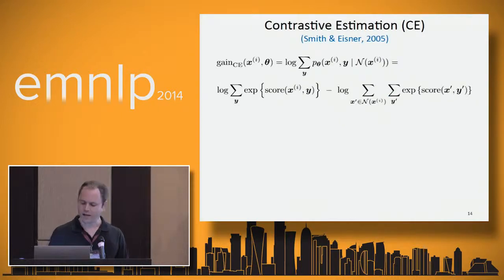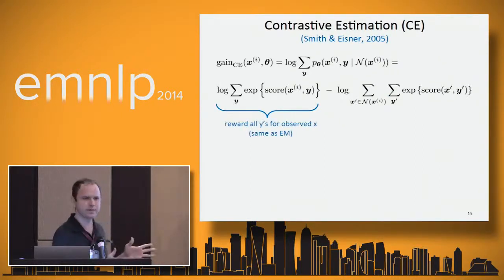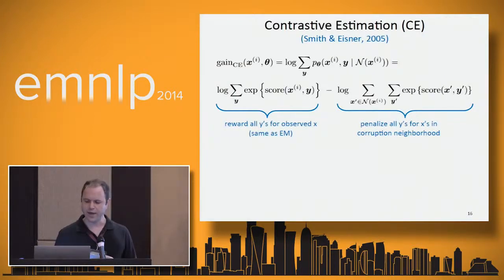For our model, it has this form where the first term is the same as EM. We're trying to increase the score of all y's for the observed x. But the second term differs only in that rather than summing over all possible x's, we're only summing over those in the corruption neighborhood. This generalizes EM because if we set the neighborhood to be the entire set of all possible x's, we get back EM.